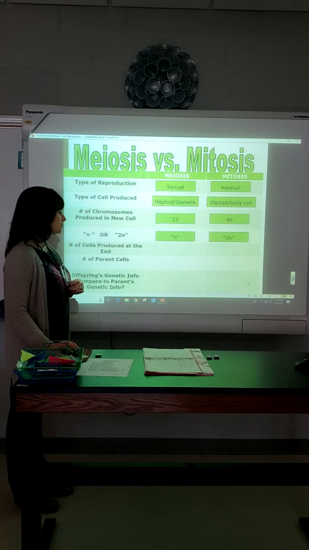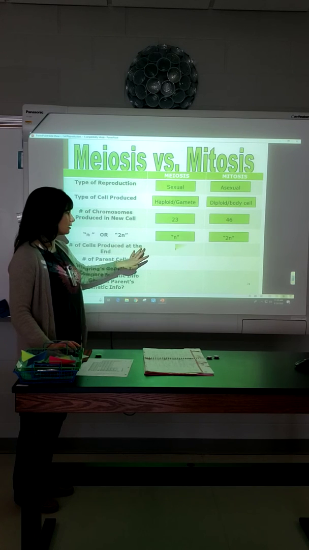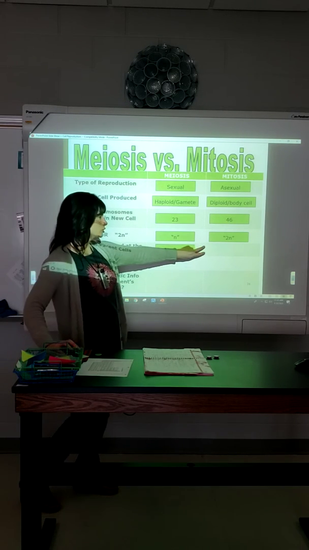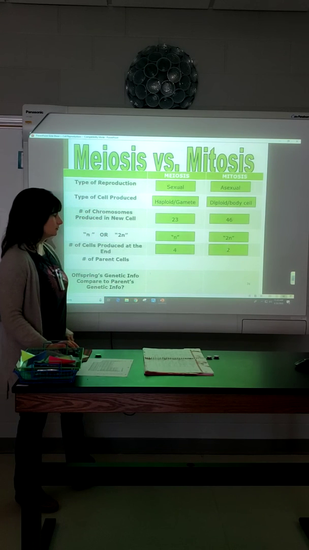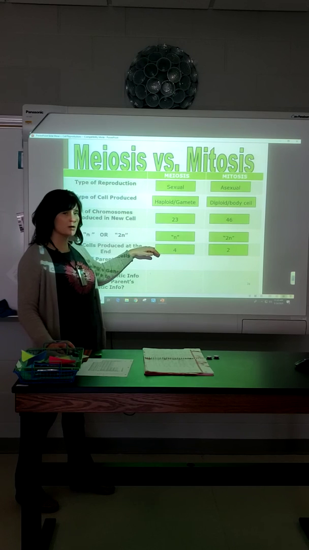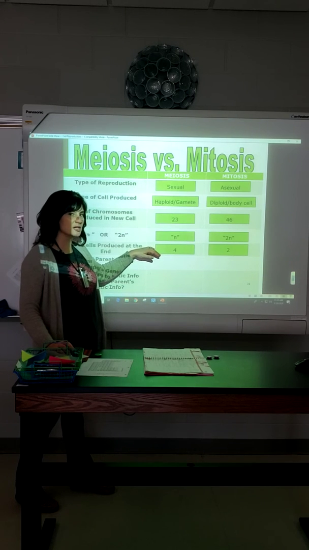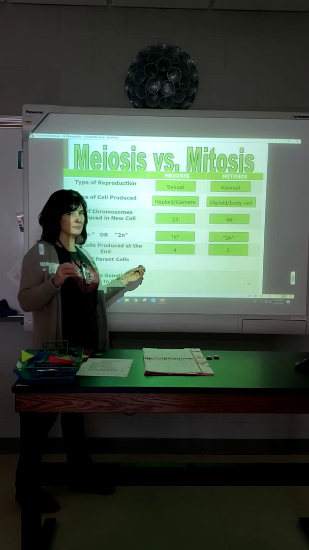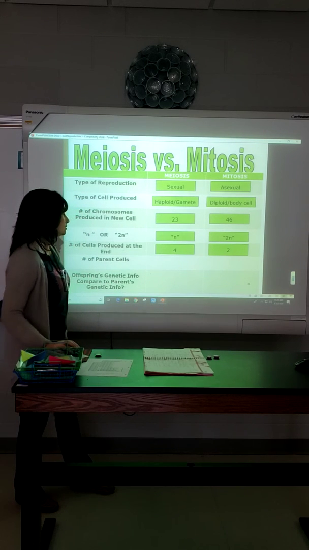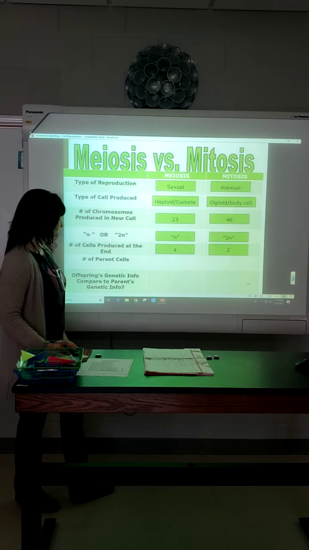The number of cells produced at the end would be 4 haploid daughter cells for meiosis, and 2 diploid daughter cells for mitosis. Remember, meiosis had to go through one more division to split those 2 daughter cells one more time, so that you can get it down to the half amount.